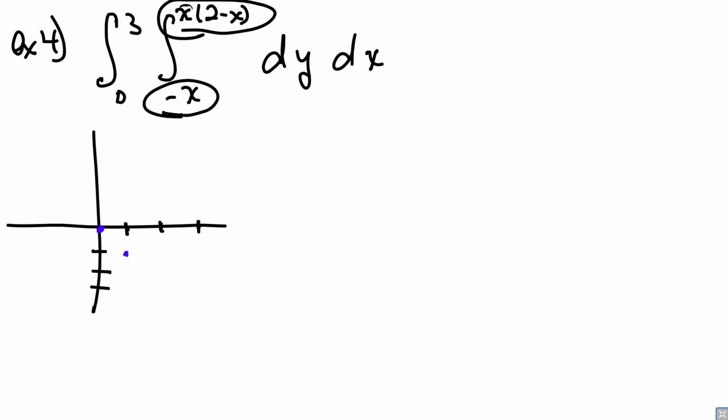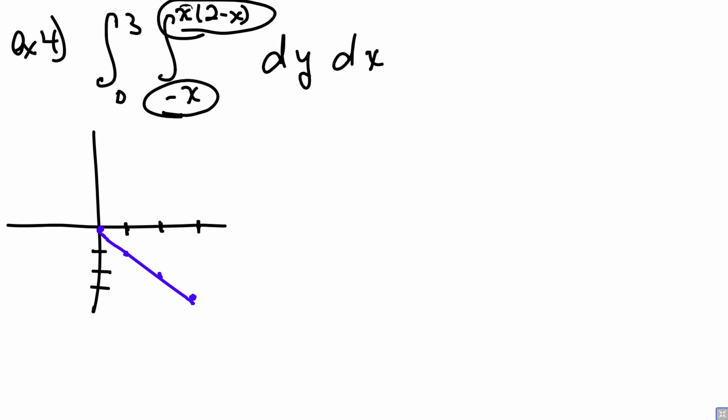We get -2. And if we put 3 in, what value do we get? -3. Okay. So the blue is representing us working with going from 0 to 3 and plugging into the bottom function.